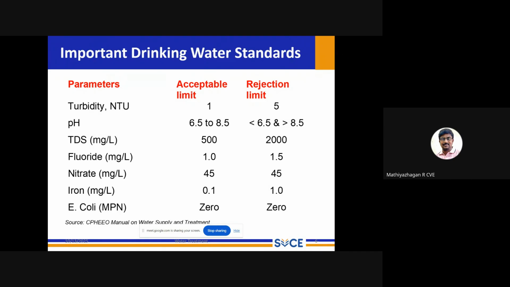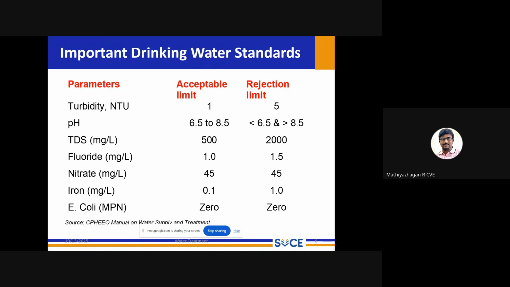TDS is the total dissolved solids. We can say it by another name, like hardness. We can have up to 500 milligram per liter, then the rejection limit is 2000. Then fluoride 1, and 1.5 is the rejection limit. Likewise, iron content 0.3 milligram per liter, manganese 0.05 milligram per liter, nitrate 45 milligram per liter.